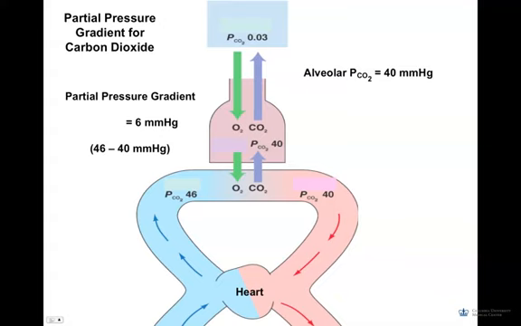And so the PCO2 of oxygenated blood of 40 is actually much higher than atmospheric PCO2. And so there's an interesting explanation as to why our body actually holds on to a considerable amount of CO2 compared to what we see in the environment.